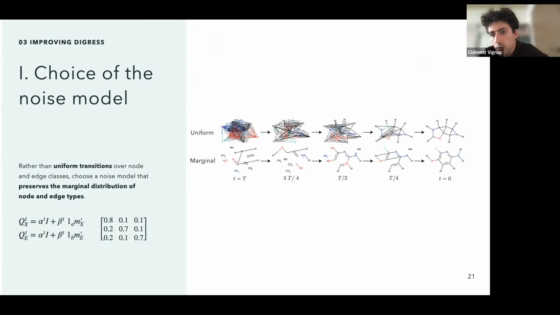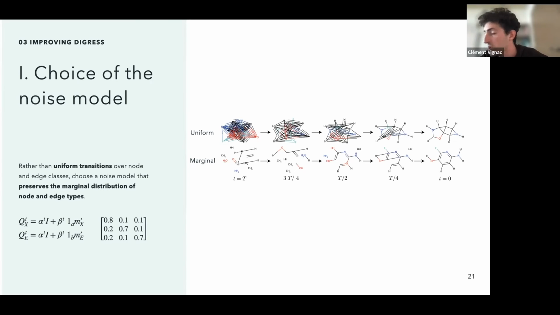Then if you don't really know what to do, you can use the marginal distribution. So let's say that in the graph, you have a sparsity degree of 80%. So 80% of the pairs correspond to no edge.